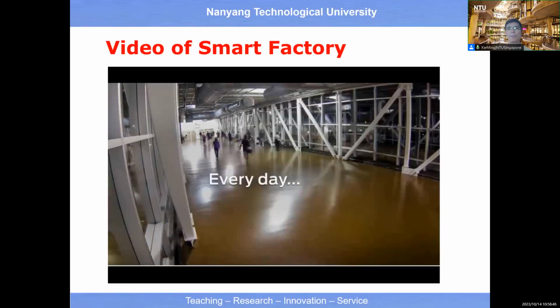So you can start to think about Industry 5.0. Just now I mentioned Industry 5.0 should be robot integrated manufacturing, and actually today we are quite close to achieving Industry 5.0. So you watch this video.